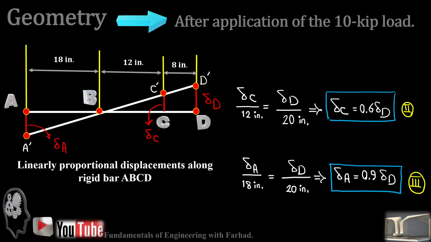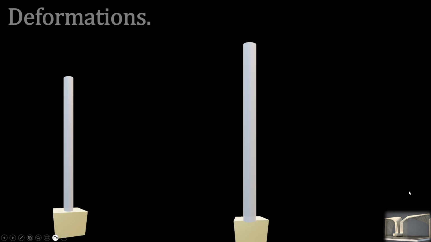We've got our first equation based off statics. The second and third equations come from the geometry of the deflection: delta C is equal to 60% delta D, and delta A is 90% delta D. Equation 2, equation 3. Let's move on to the formation part.